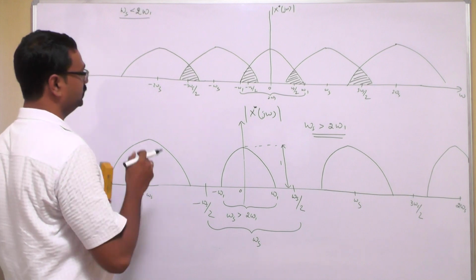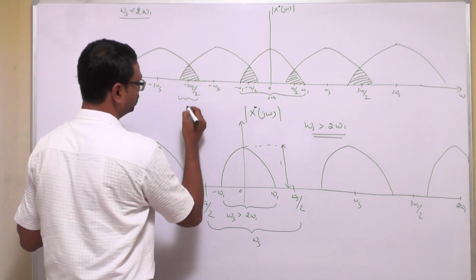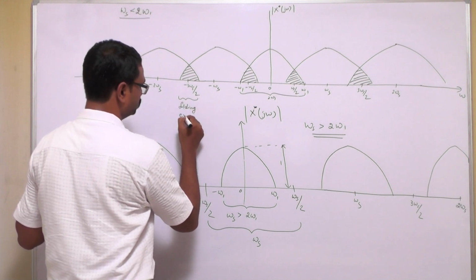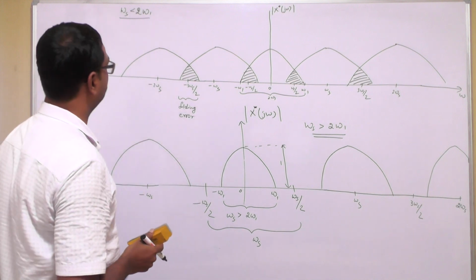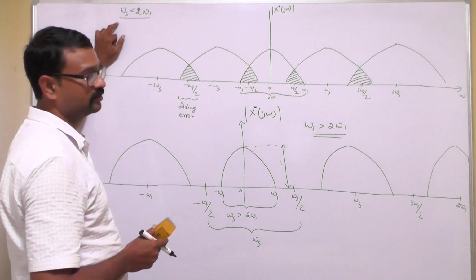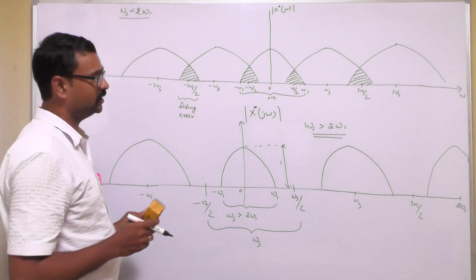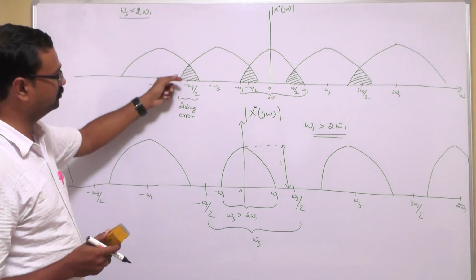At any point in between these two, this is the folding region where you have folding error. That is the error caused in this frequency spectrum when ωs is less than 2ω1. It means that we are losing a set of information while sampling any continuous time signal. Therefore, we are losing the information in between.